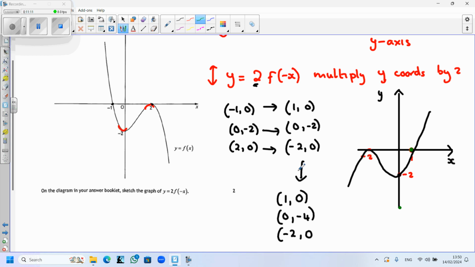And the last point we've got there is -2, 0. That's on the mirror and it stays on the mirror. So there is -4 down there. The graph is like that. It's been stretched away down to there and it goes back up through that point there. And that's your graph of y is equal to 2f of -x.